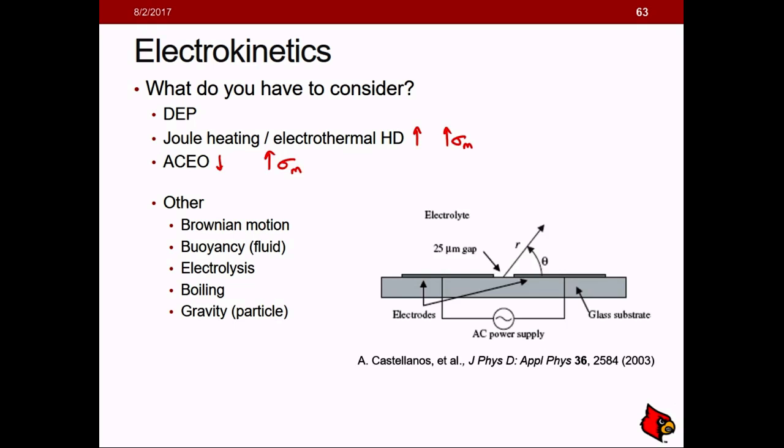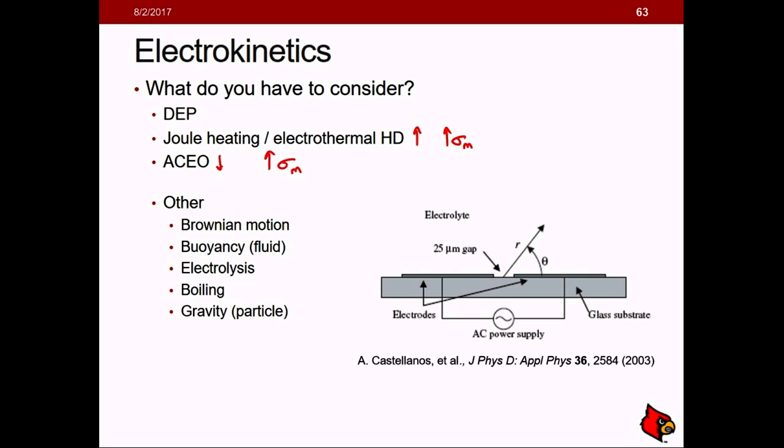So a good paper that I recommend looking at is just to sort of understand the scaling and the design and how you would go into it. This looks at some coplanar electrodes with a 25 micrometer gap between them. And they studied with all these different mechanisms, if you have a certain particle size with an applied potential and an applied fluid conductivity, what's going to happen to your system.